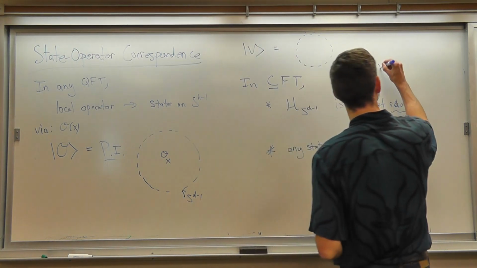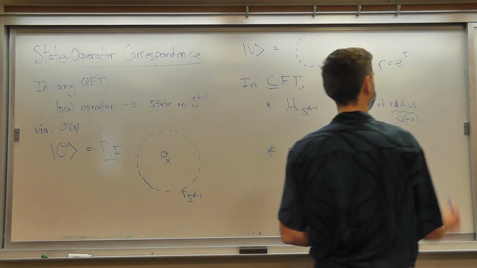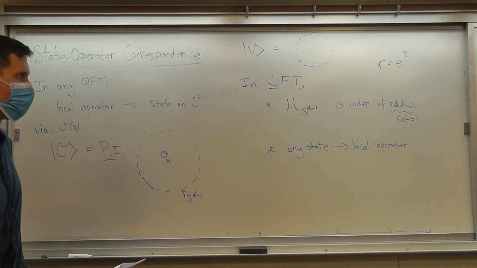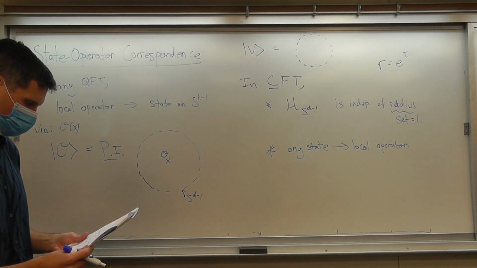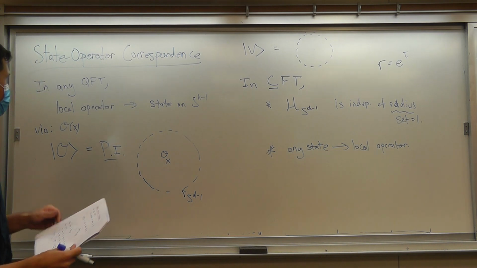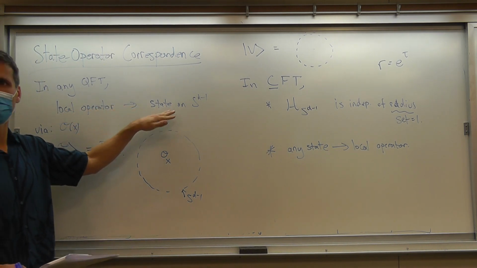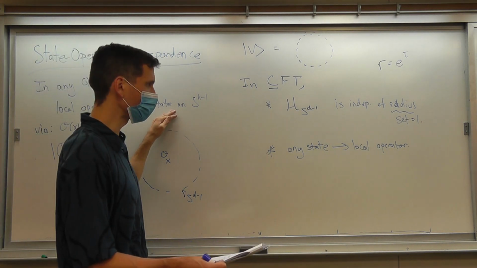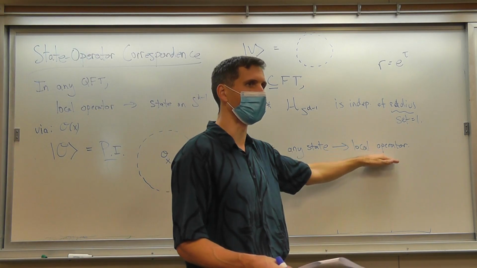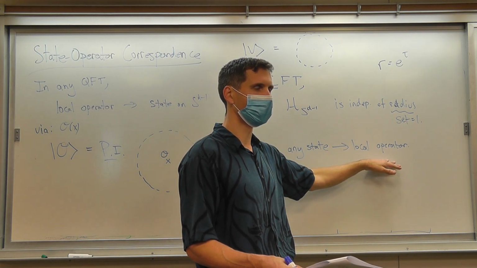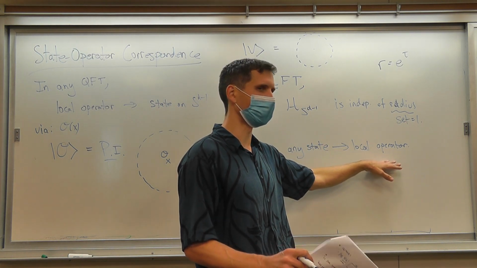Right? R is e to the tau. So in any QFT, a local operator can be used to give you a state. But one thing special about CFT is that a state gives you an operator. So the cylinder is going to be infinite downwards, but... Yeah, let me get to that.